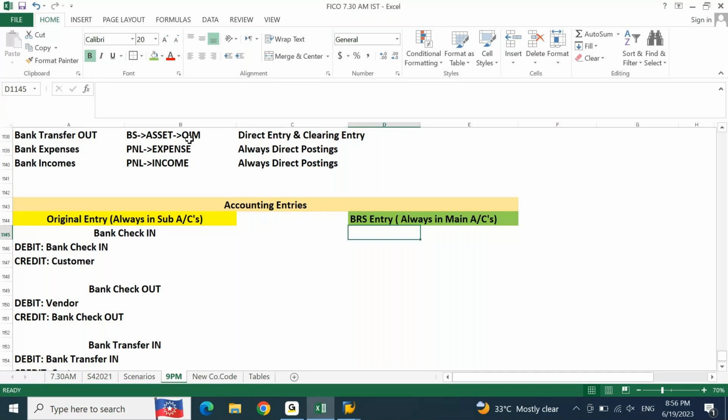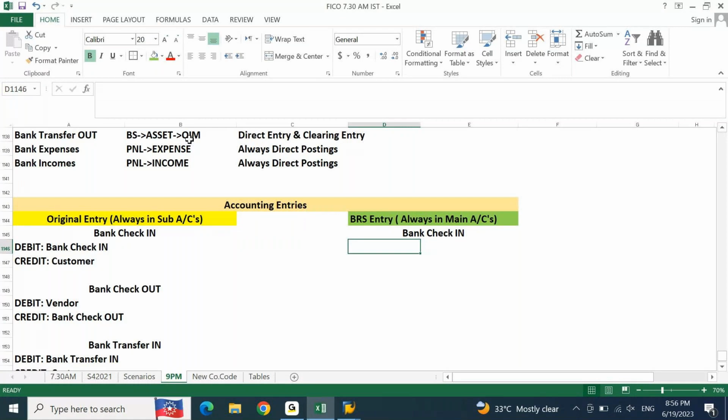Now, for the same check incoming, what will be the BRS entry? Main bank account attached to bank account. Main bank debit, bank check-in credit.